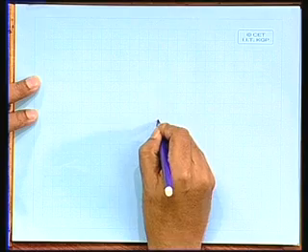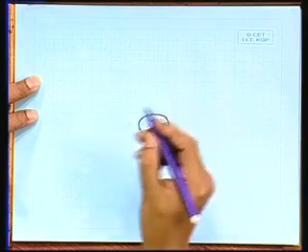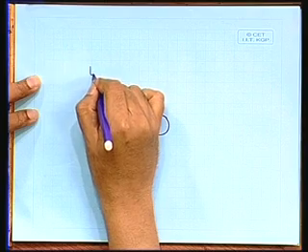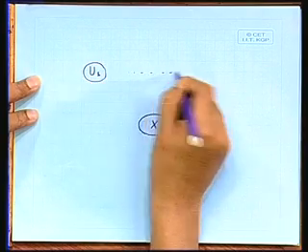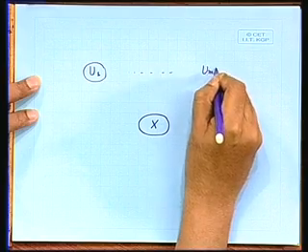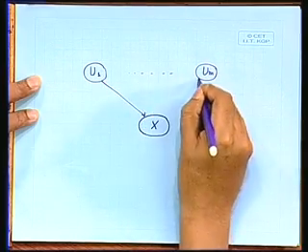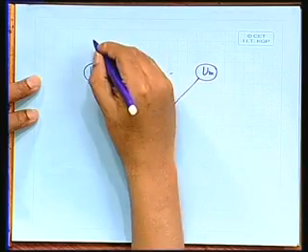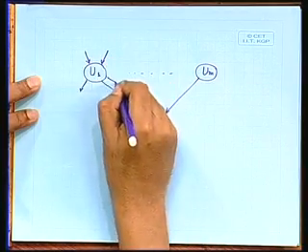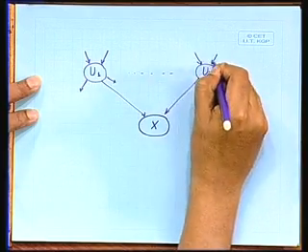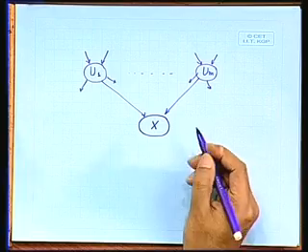So, we have x here, we have u1 through um, each of these are parents of x.